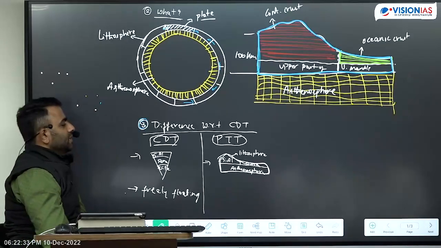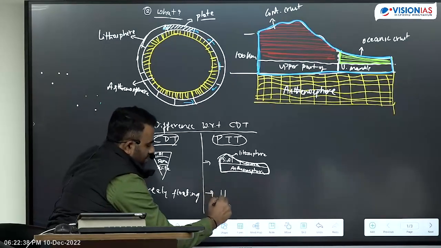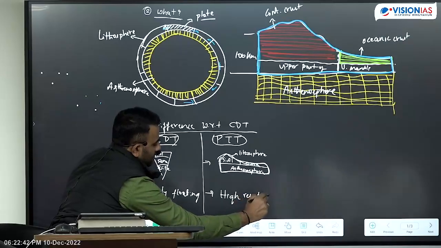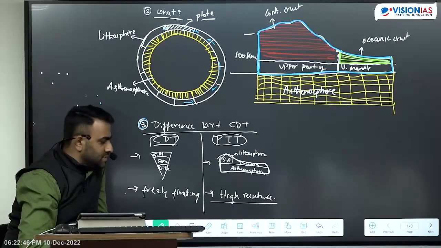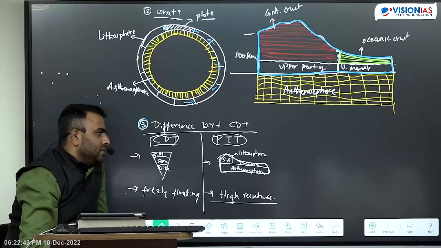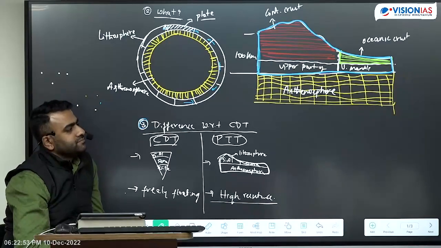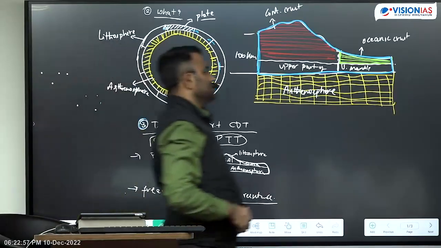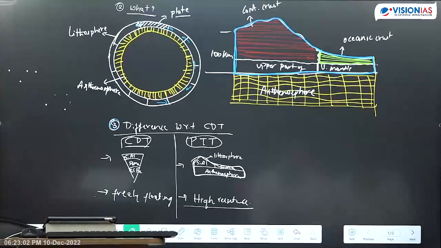In case of plate tectonics theory, it says that the plates offer high resistance while moving over the asthenosphere. This is very important. If there is no resistance, there would not be much change.